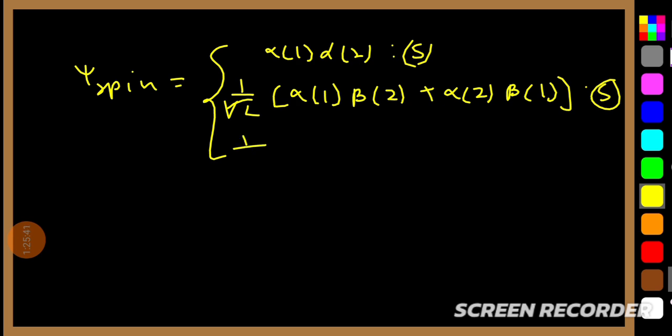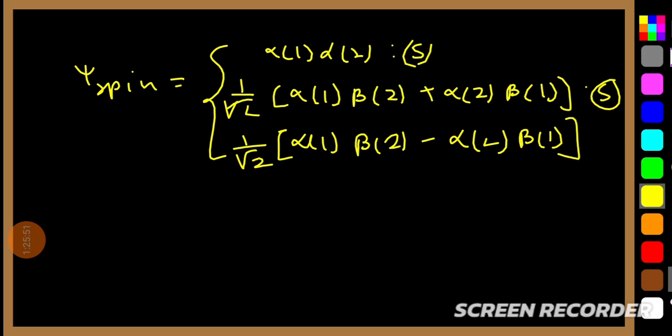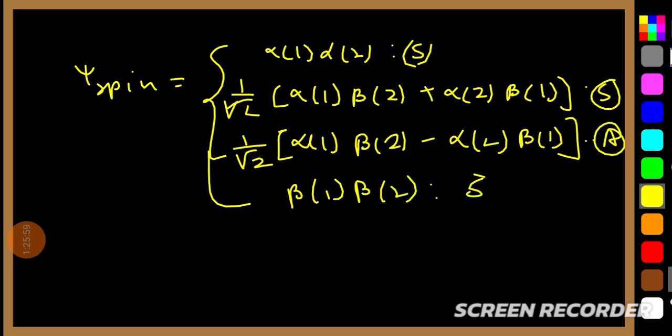Again 1 by root 2 third bracket alpha 1 beta 2 minus alpha 2 beta 1, that should be antisymmetric. So beta 1 beta 2, that should be symmetric. S for symmetric, A for antisymmetric.